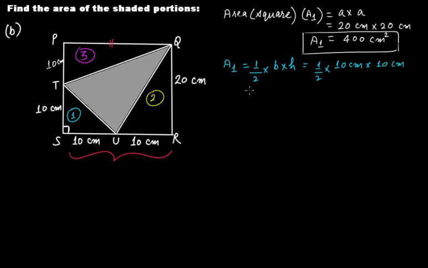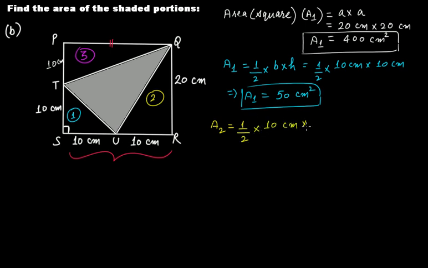If you solve it, you get A1 as 50 centimeter square. Now let's do A2. Area of triangle 2 is half times, let's take this as a base, 10 centimeter times, let's take this as the height, 20 centimeter, and you get A2 as 100 centimeter square.